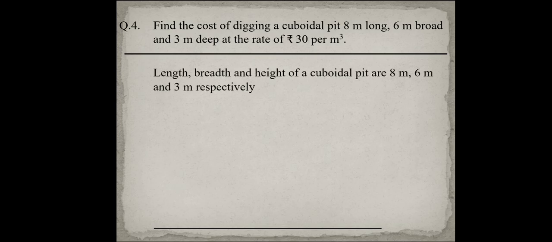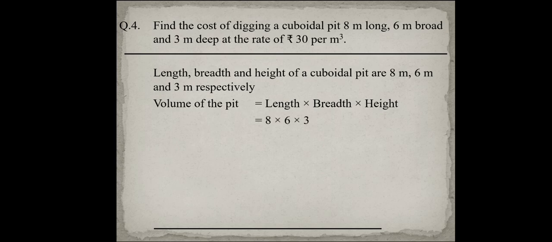pit. The length, breadth and height of this cuboidal pit are 8 meter, 6 meter and 3 meter respectively. So multiply these all, that would be the volume of the pit, length into breadth into height, equals 8 into 6 into 3 equals 144 meter cube. Now the rate of digging is rupee 30 per meter cube.